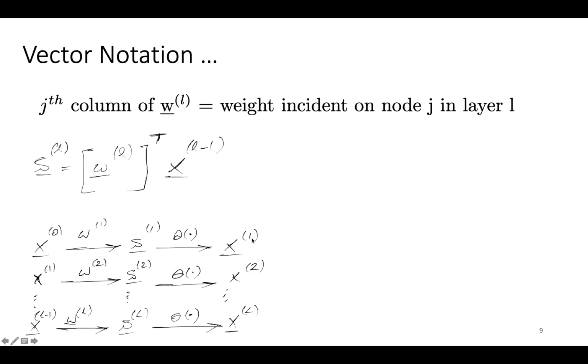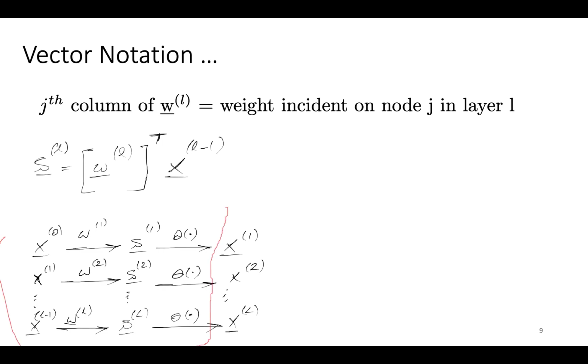So if you follow the feed-forward path, you start from the x's, x_0, which was the first coordinate, up to x_{L-1}. You have the w's corresponding to that, and then you compute the s's, from 1 up to L. Then you activate those s's using your activation function. Now this becomes the next set of inputs for the next layer.